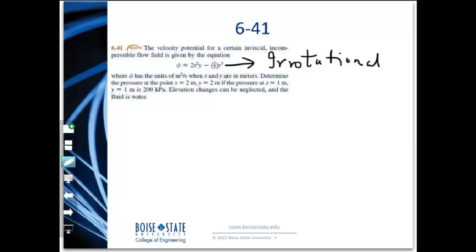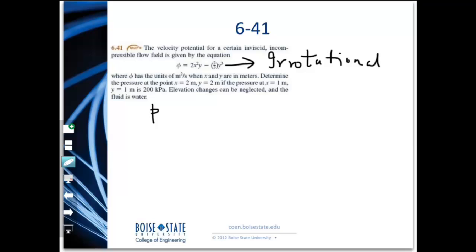Okay, so first let's go ahead and write the Bernoulli equation from going from point 1 to 2, and I'll call the 1 meter as point 1 and the 2 meter as point 2.